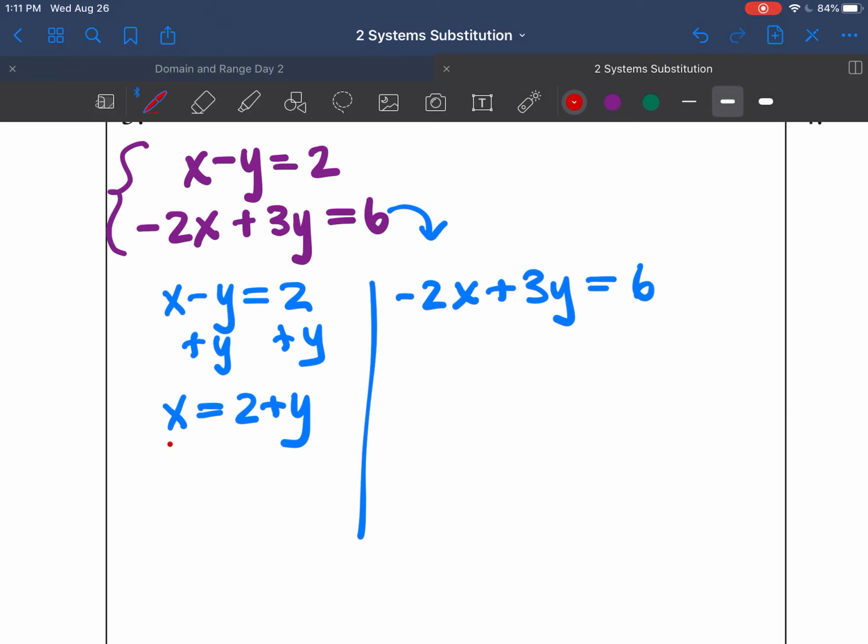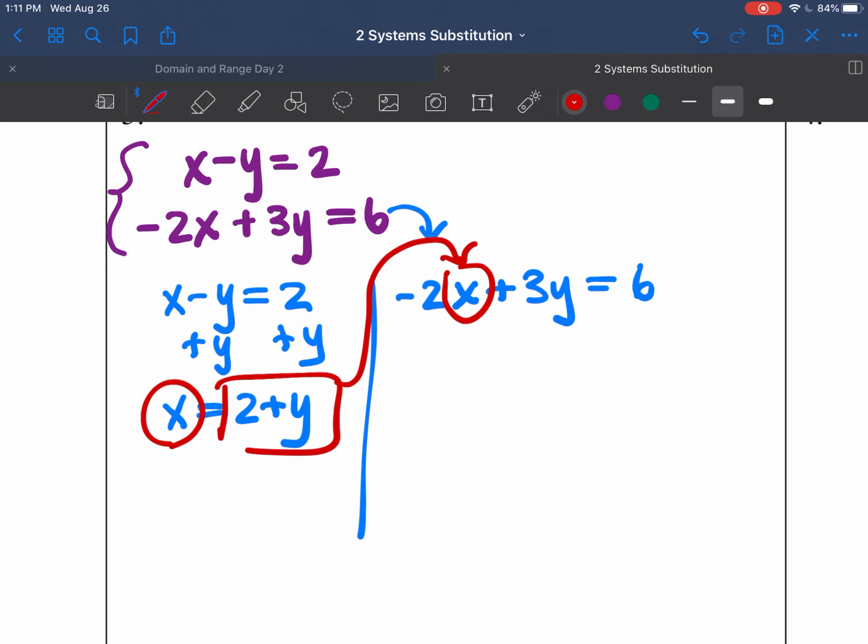And now we are substituting x this time. And so this expression, 2 plus y, is going in right here. And so negative 2x plus 3y equals 6. And then we can put the 2 plus y right here.